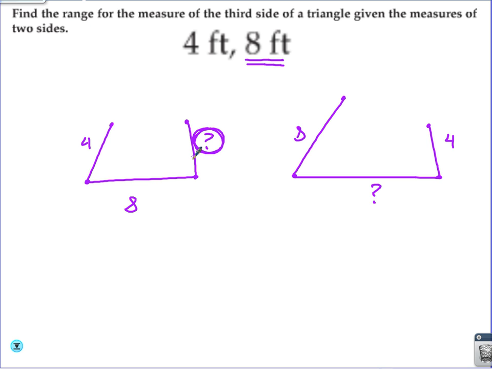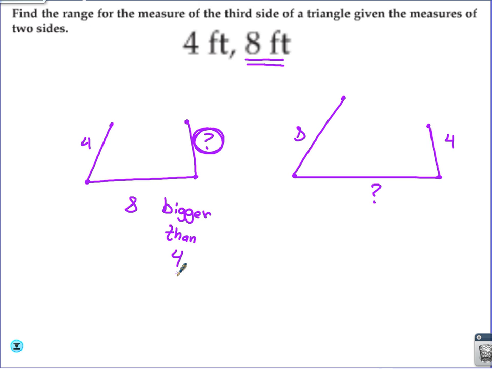Because if this were 4, as we close it, it's going to close on that bottom side. So it has to be bigger than 4. So I'm going to put here bigger than 4. So it could be 4.1, 4.2, it could be 5, 6, 7, or more. Let's look at our second scenario.